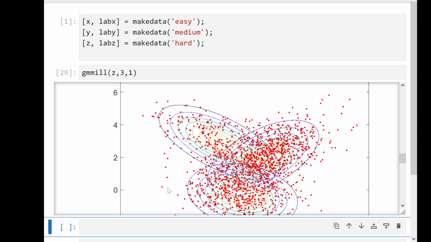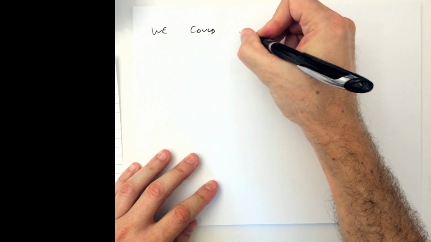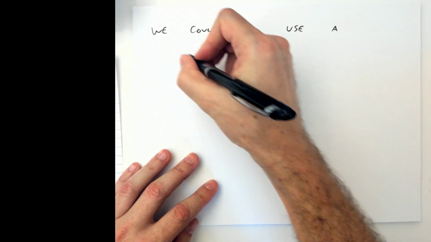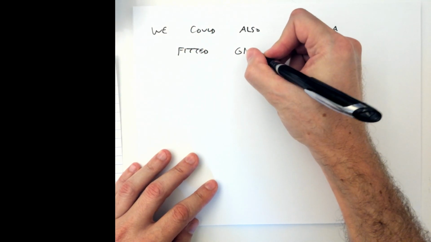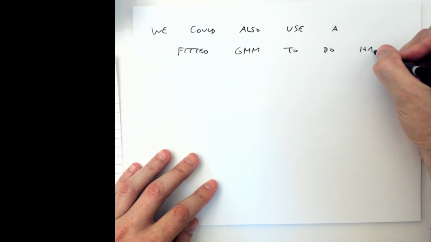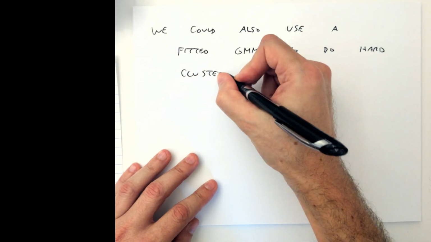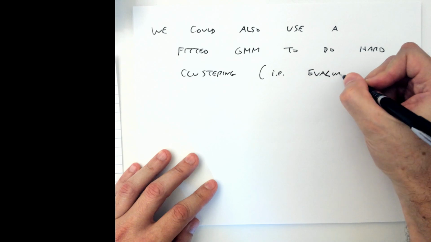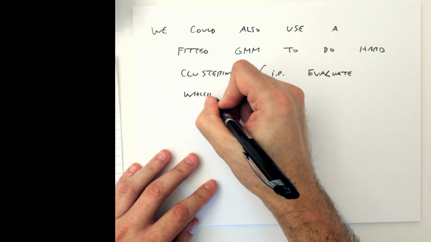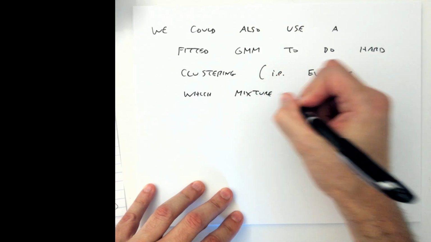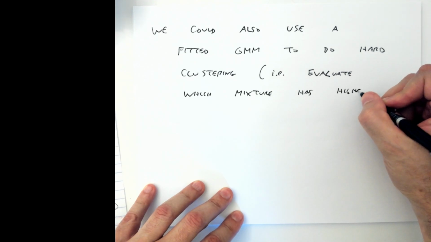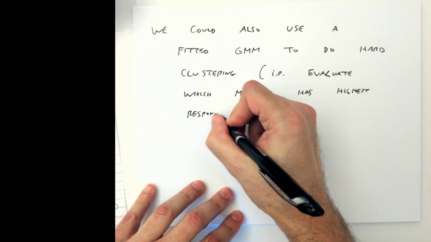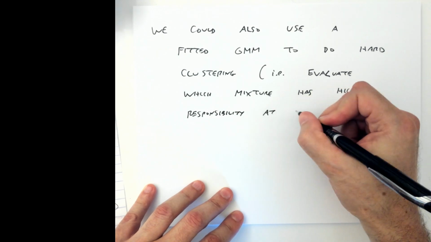So let me actually just say that. We could also use a fitted Gaussian mixture model to do hard clustering by evaluating which mixture has the highest responsibility at each point.